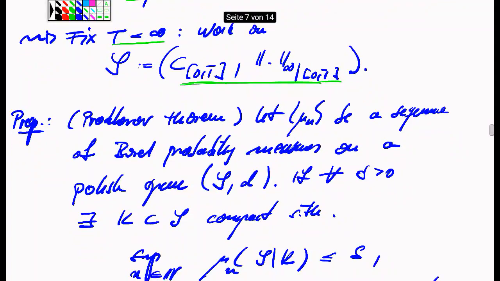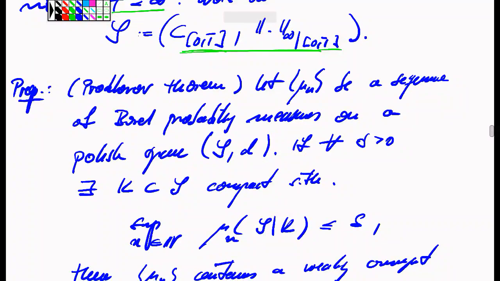And for that purpose, we shall now introduce the first very famous and big theorem of today's lecture, which is very important in a lot of situations, which goes like this.